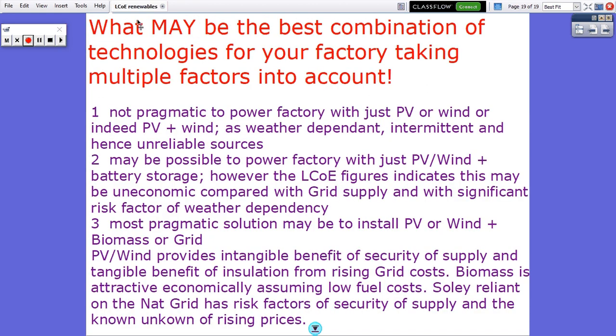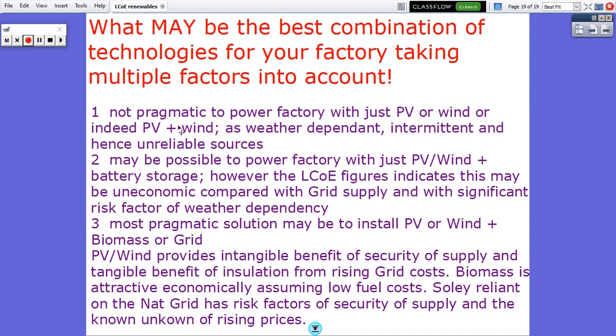So the question may arise, what may be the best combination of renewable technologies for your factory, taking multiple factors into account? These are just some of them. It may almost certainly not be pragmatic to power a factory with just wind or just PV, or indeed a combination of both. Why? Because these technologies by default are weather dependent, they're intermittent, and hence they're unreliable sources of energy.